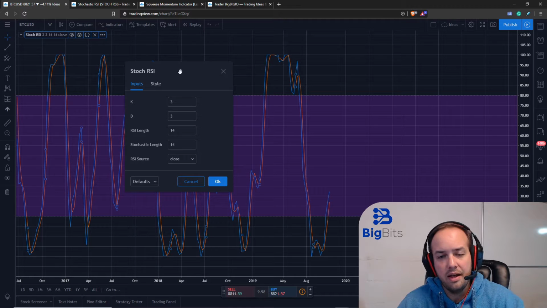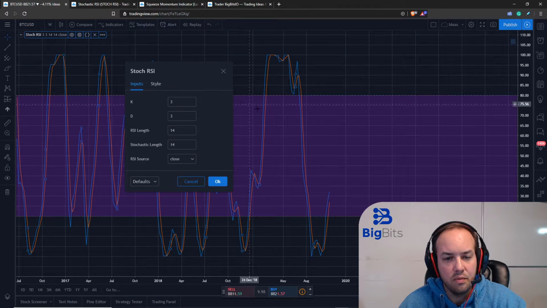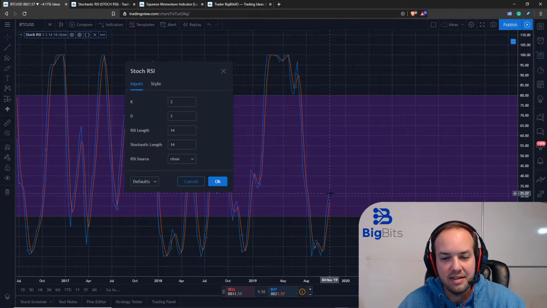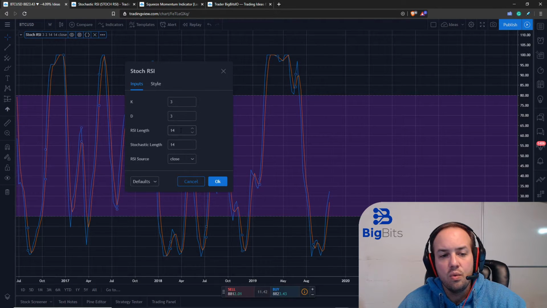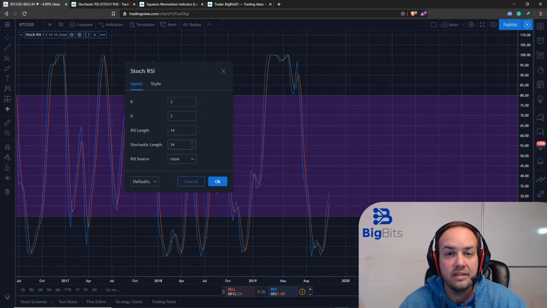And I should point out, I can't remember which one of these lines is K and D. I believe the K is the blue and the D is the orange, but we have our stochastic period and our RSI length. What we're doing with the RSI length is calculating the RSI based on that many candles back, and then after we do that, we calculate the stochastic RSI based on the last 14 entries of the RSI.